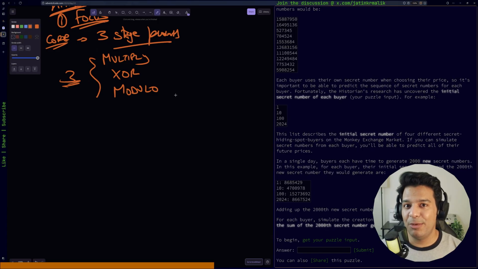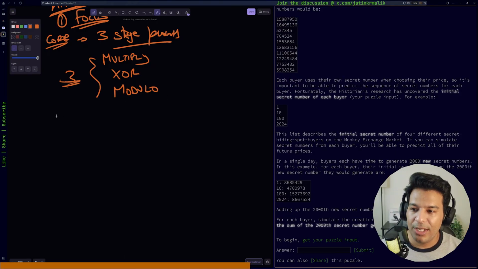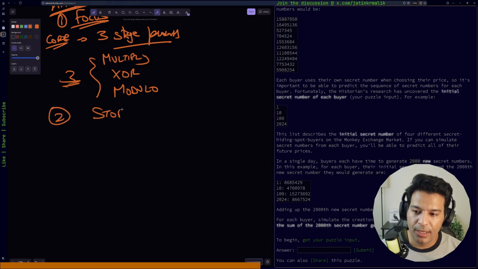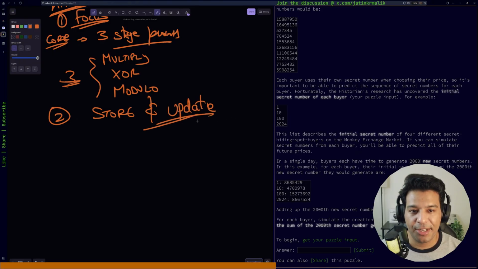So that helps you follow this popular technique called DRY, do not repeat yourself, where you can just write one function and then all you need to do is call it in a sequence 3 times with different operators, different operands here. And once you do that, you have to think about how you're going to store and update the secret number after each iteration.